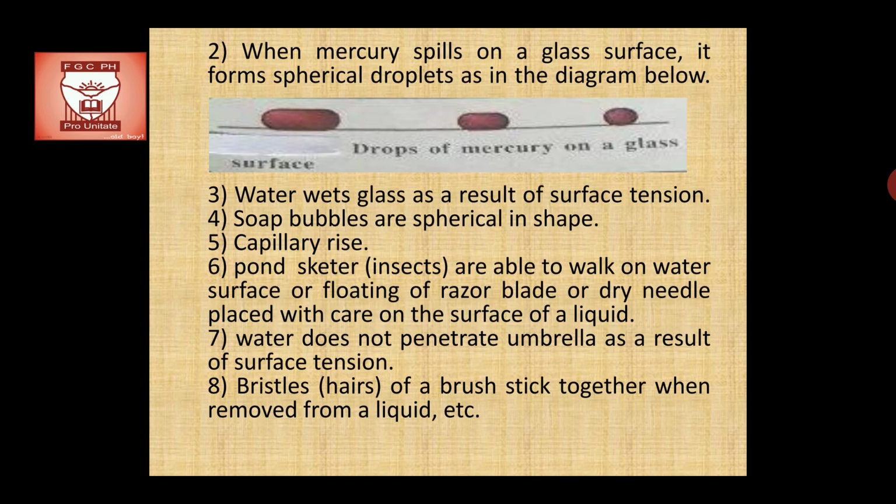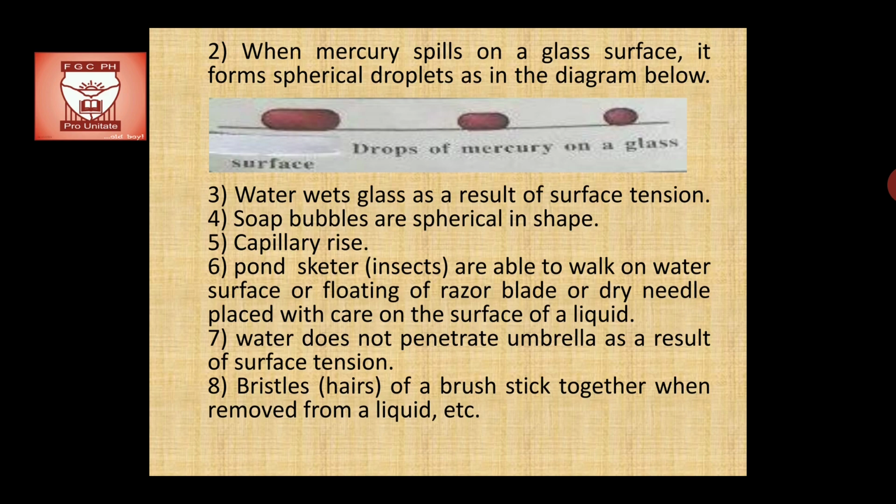Number 3, water wets glass as a result of surface tension. You can even practice that one wherever you are now. You pour water on the table. You see how the water will just spread and wet the table or the glass. But if it is mercury, it will just form bubbles and roll down. Number 4, soap bubbles are spherical in shape.